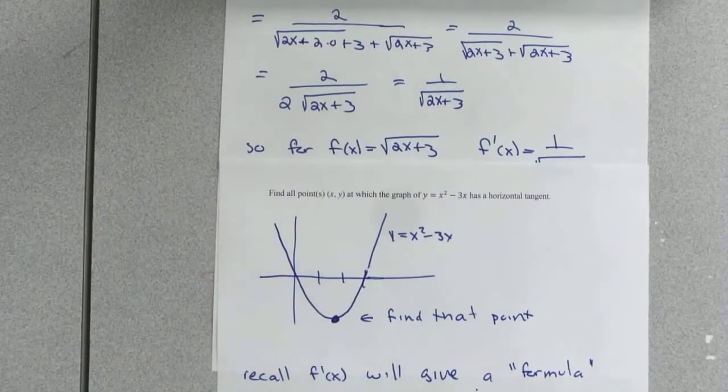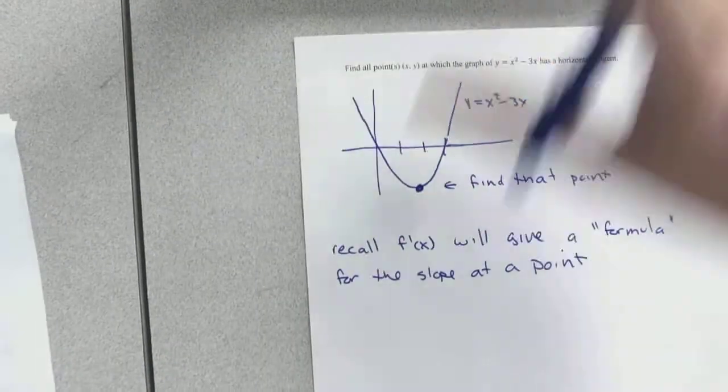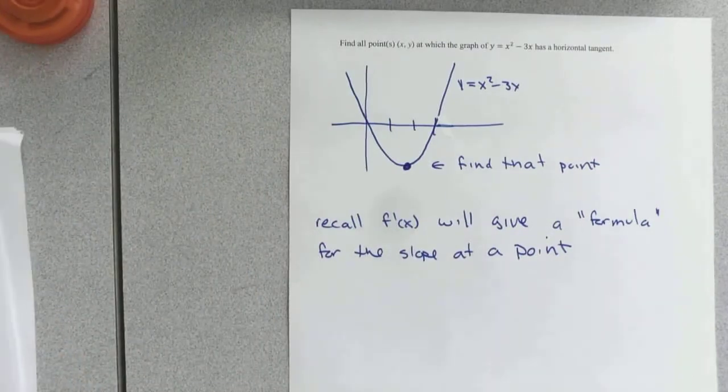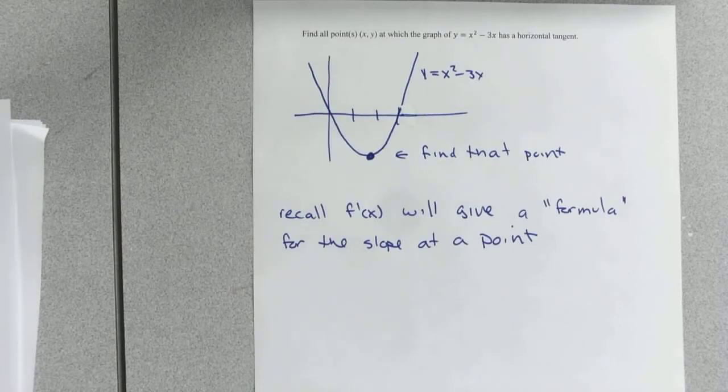That was one of the fundamental applications of the derivative, that it gave a slope at a point. I'm thinking derivative because this is a calculus class, and Mrs. Browse has been talking about the derivative, so it must have something to do with it.